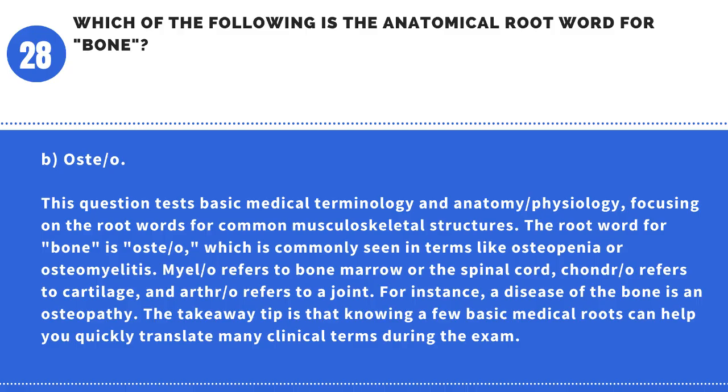The root word for bone is oste/o, which is commonly seen in terms like osteopenia or osteomyelitis. Myel/o refers to bone marrow or the spinal cord, chondr/o refers to cartilage, and arthr/o refers to a joint. For instance, a disease of the bone is an osteopathy. The takeaway tip is that knowing a few basic medical roots can help you quickly translate many clinical terms during the exam.